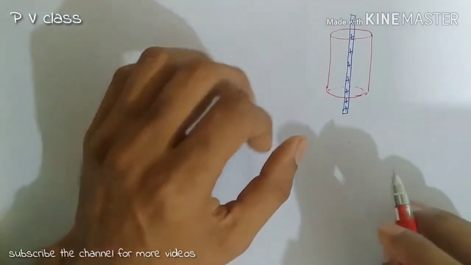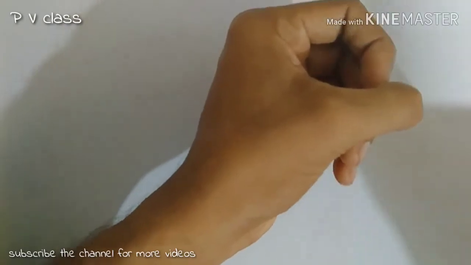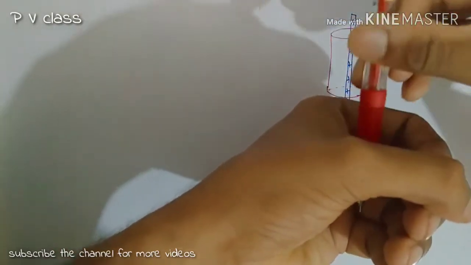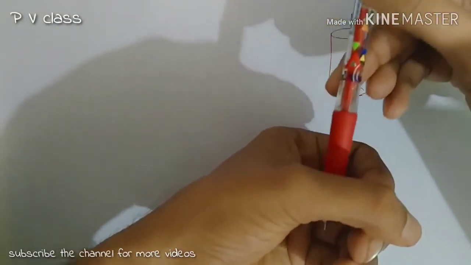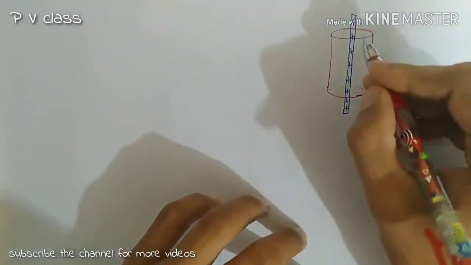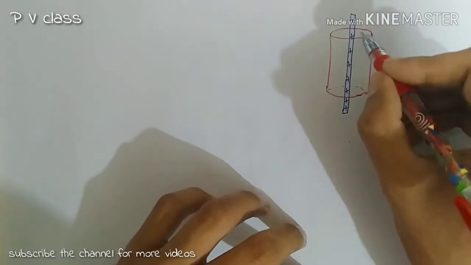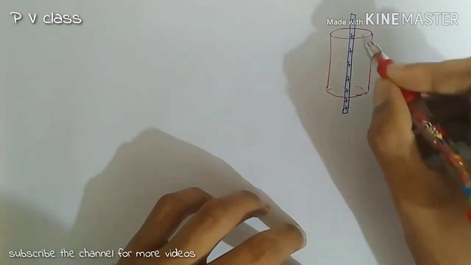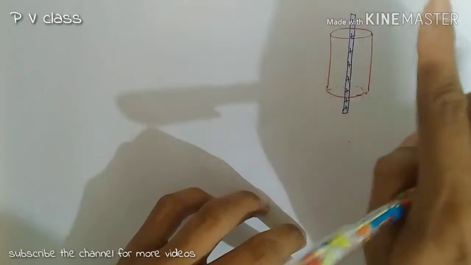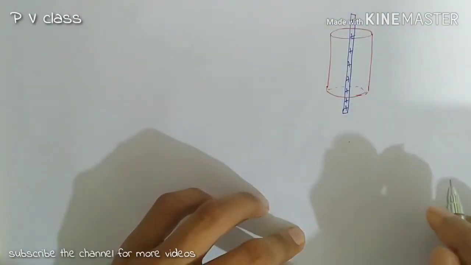Assume that this is a cylinder in which the line charge is placed like this, and this is our cylinder. These are the two flat surfaces of the cylinder. The cylinder has one curved surface also.